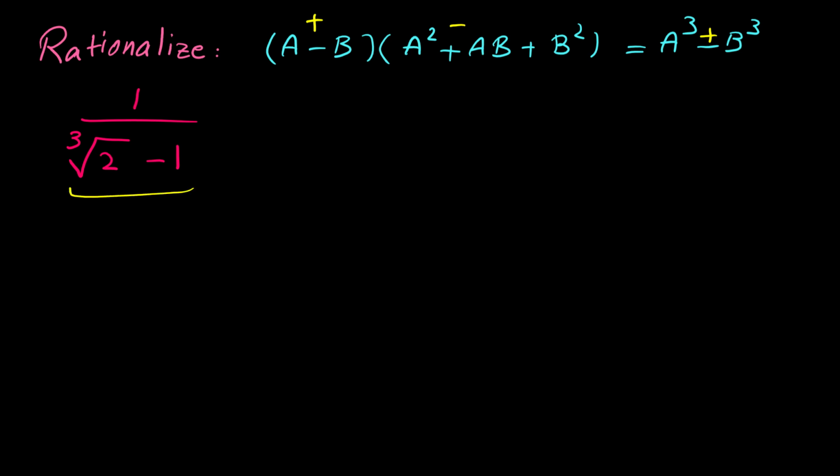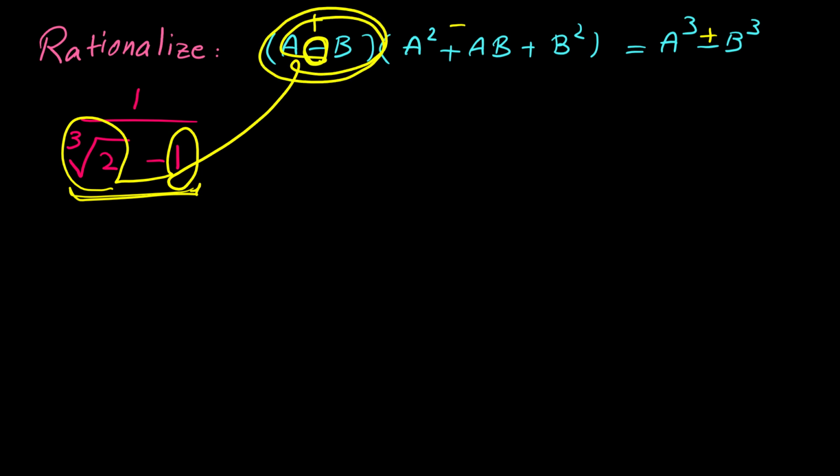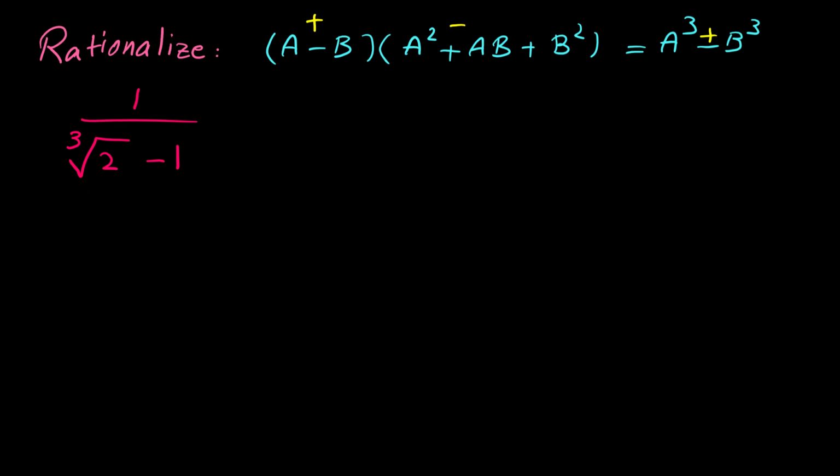But here we have a minus b, so the formula that we need is the minus one. We need a minus b times a2 plus ab plus b2 is a to the 3 minus b to the 3. And if it was plus, we could use the other formula.